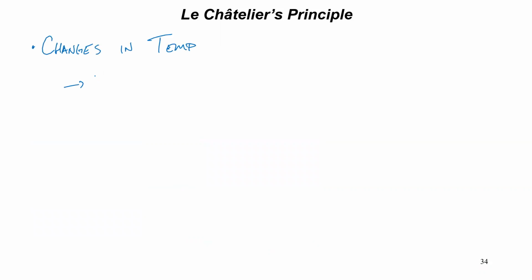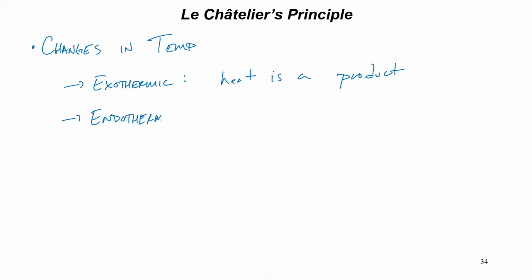So we said yesterday that if it's an exothermic, is heat a reactant or a product if it's exothermic? Product. Yep. So heat's a product if it's exothermic. If it's endothermic, just the opposite. Heat is a reactant. And so I'll put delta T here, exo, endo.